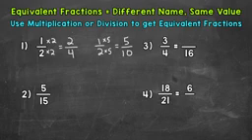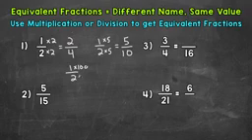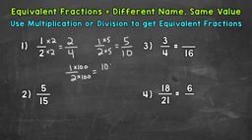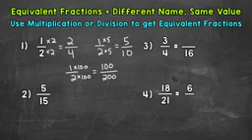One more example, so we will come underneath here, 1/2, and let's multiply both our numerator and denominator by 100. So we end up with 1 times 100 is 100, and then 2 times 100 is 200. So 100/200 is equivalent to 1/2.